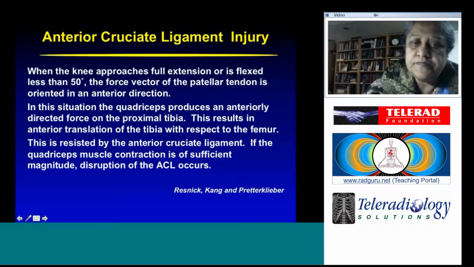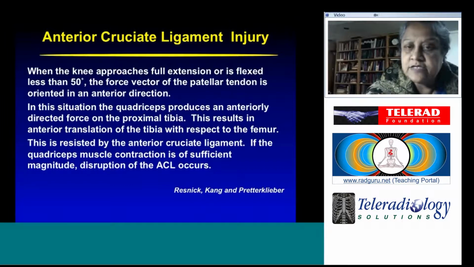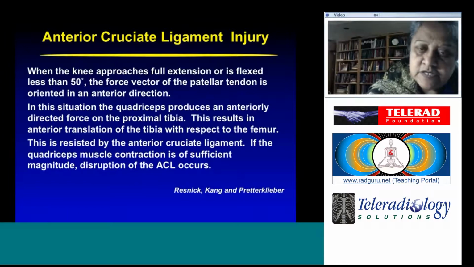Now, remember when I was talking about a higher susceptibility to injury for different ligaments, I had said high tensile strength and then high incidence of injury with associated muscles producing an oppositely directed force.